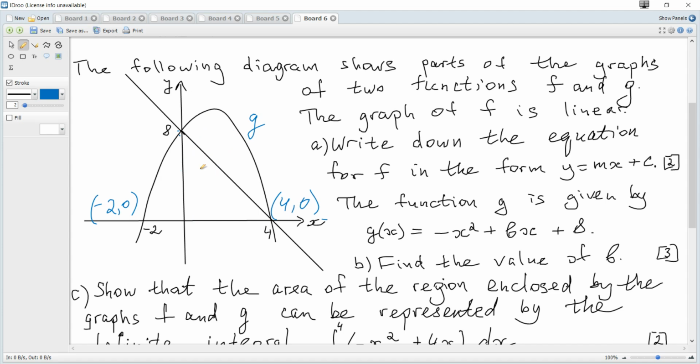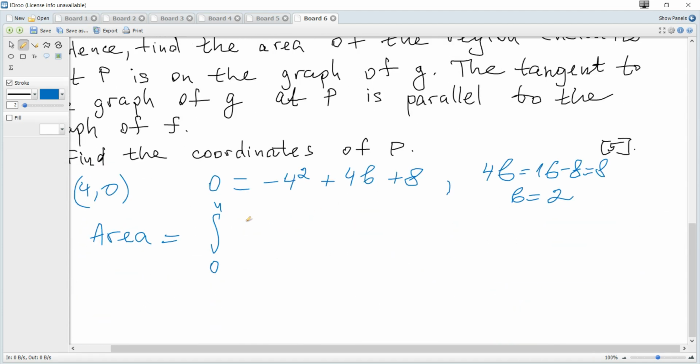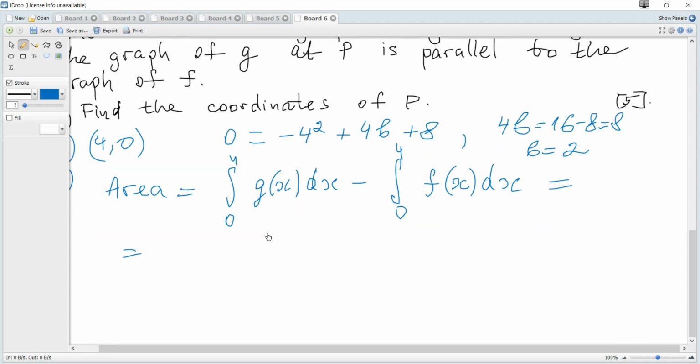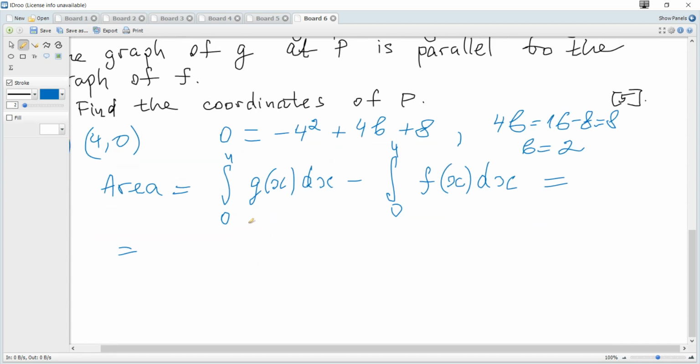So the integral from 0 to 4 of g(x) minus the integral from 0 to 4 of f(x) dx is equal to the required enclosed area. Since the limits are the same, the difference of two integrals is equal to one integral of the difference.